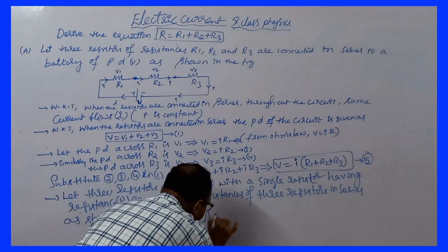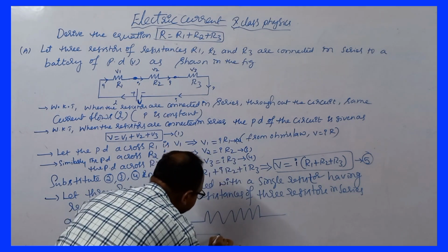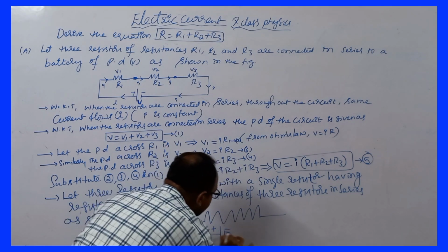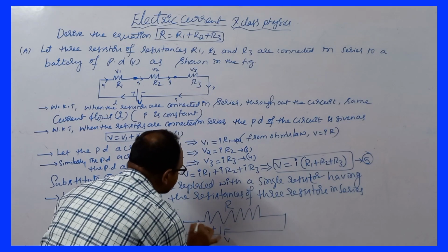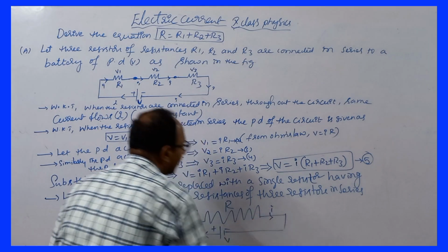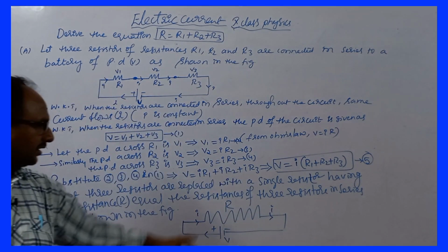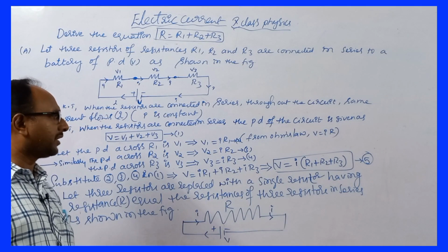Like that, it is a single resistor. Its resistance is R, potential difference V, current is I. This circuit must be drawn under this point, students.